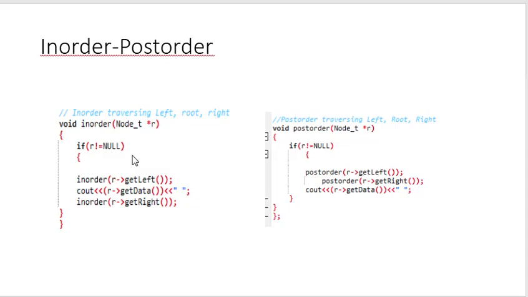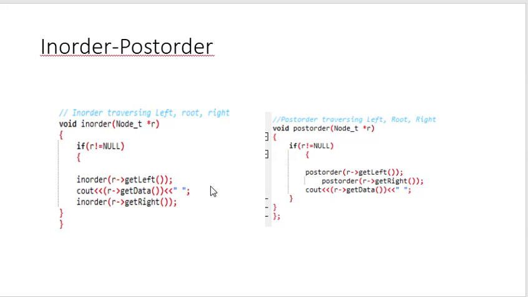It will print all the data in the in order format: first the left, then the root, and then the right, until it goes to the last node.